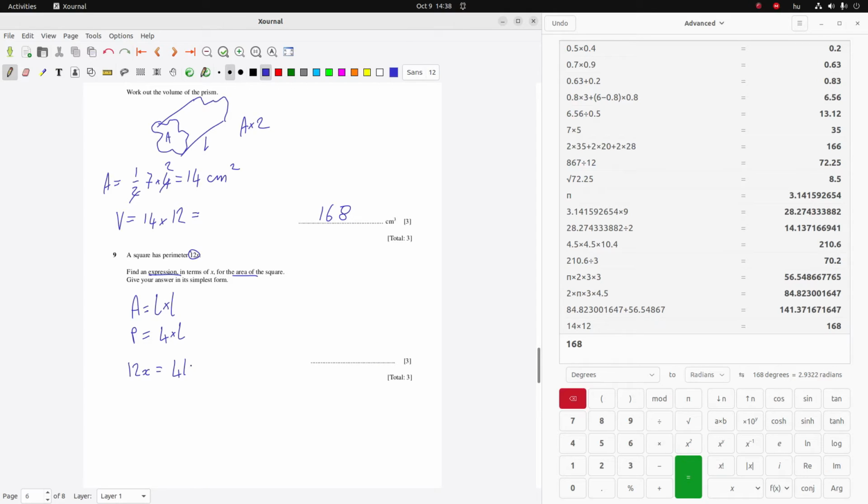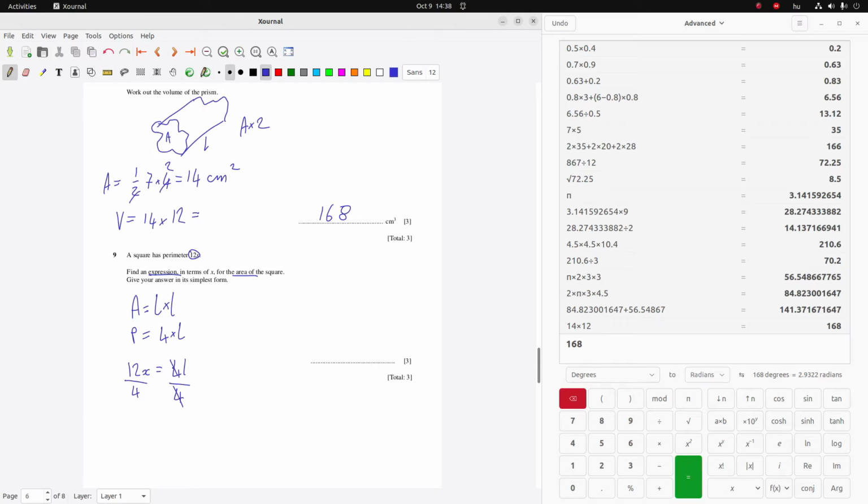Let's rearrange this. I want to simplify L, so I'm going to divide both sides by 4. Remember, 4 multiplied by L. What's the opposite of multiplying? Dividing. So I'm going to do the opposite to it in order to make the 4 go away.